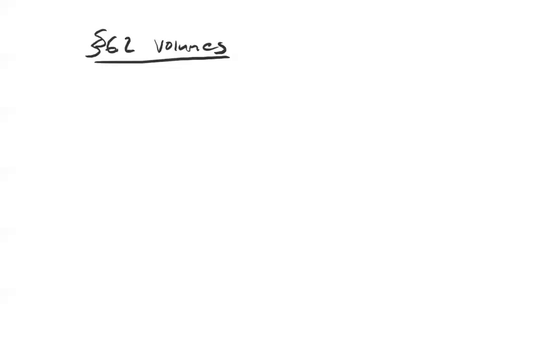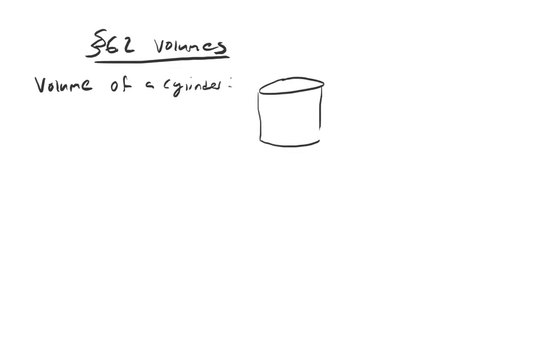So I want to point something out because I don't think people realize this enough. If I want to calculate the volume of a cylinder, so what you'll notice is if I have a cylinder, I need to know the radius and I need to know the height, and the volume of this thing ends up being pi r squared h.